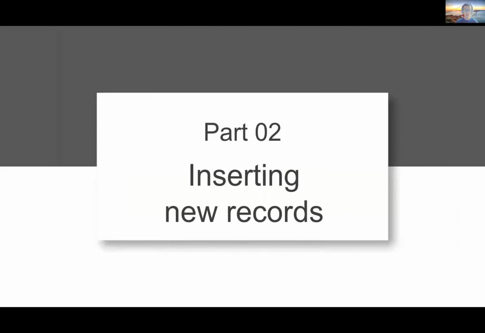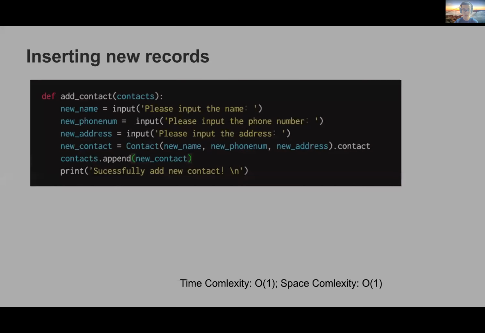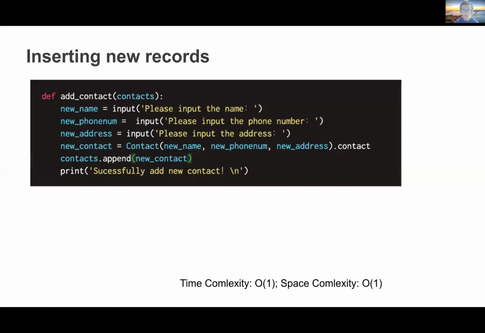Now I will talk about inserting new records in our codes. It is about the add contact function, and the first 3 lines are about the input function, which should be provided by users. And the new contact is to use the contact property in the contact class, which is to change them into a list.